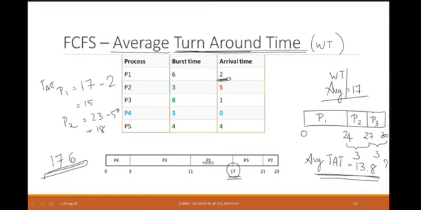Check your answers. So understood how you have to calculate your waiting time and turnaround time, right? Please confirm both the answers, ma, others. Or if you get a new answer, please post it.